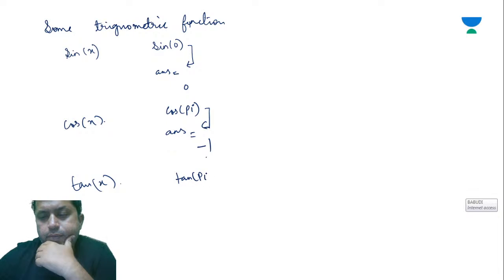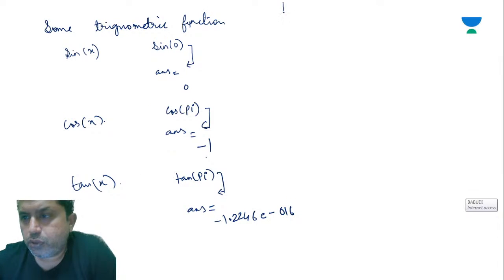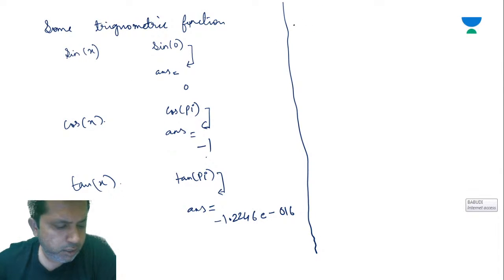Tan of pi, hit enter, answer is equal to minus 1.2246 e raised to power minus 16, like this. These are already calculated by me in the notes, so I'm just writing them down. If you perform hands-on, you will get the results.